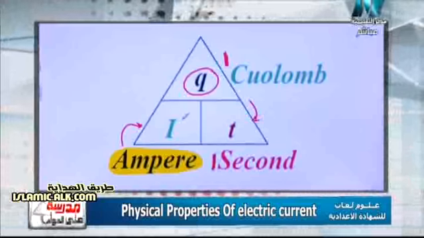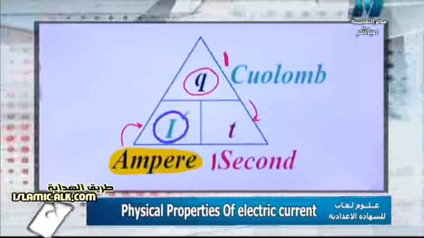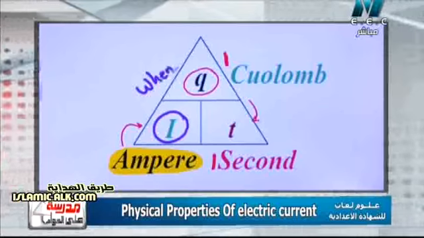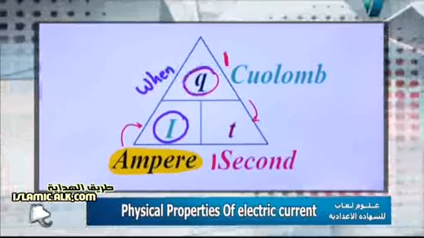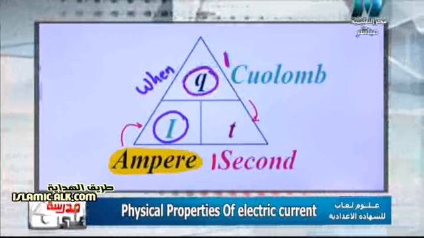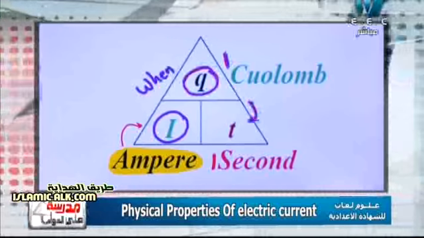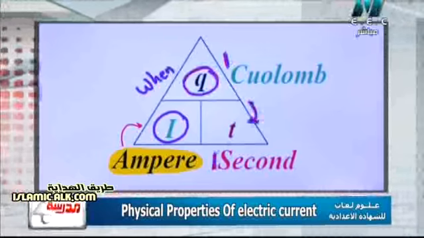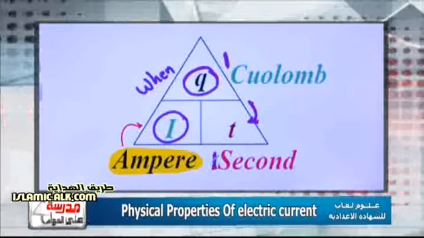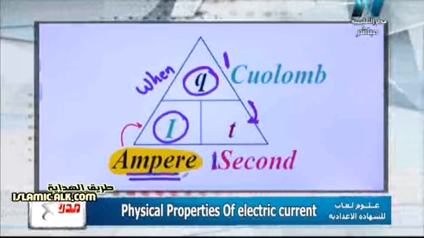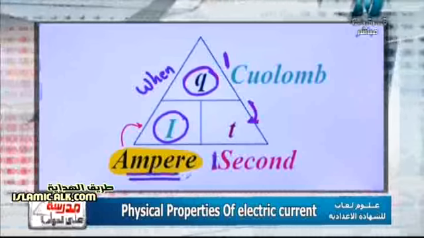Ampere is the electric current intensity when the quantity of charge equals 1 coulomb passing through time equal to 1 second. So now we define ampere using the magic triangle.